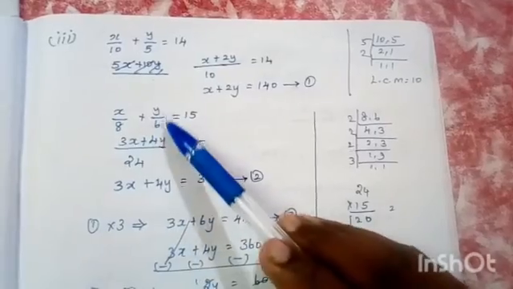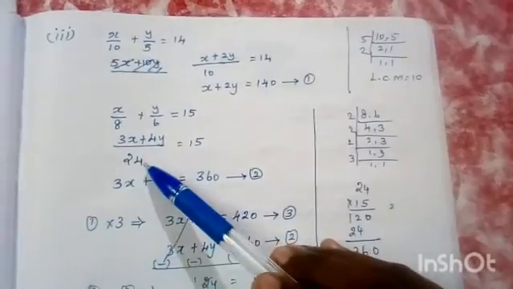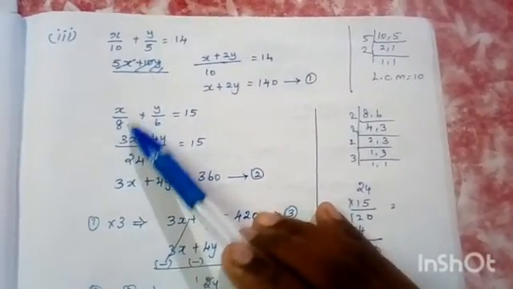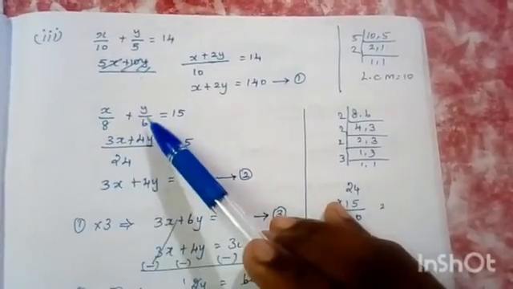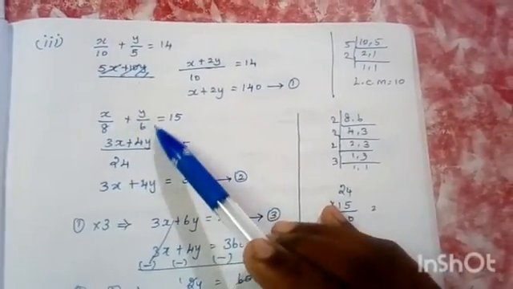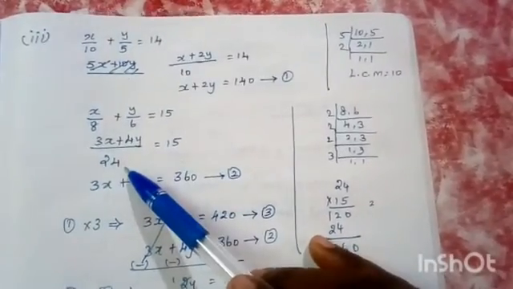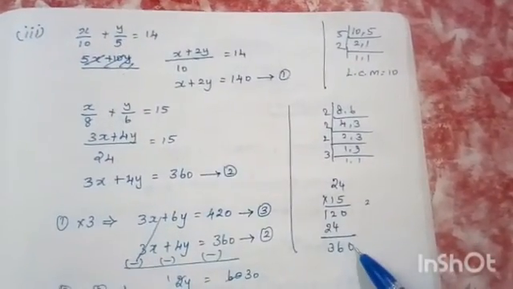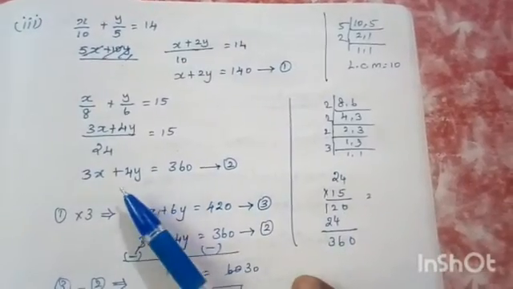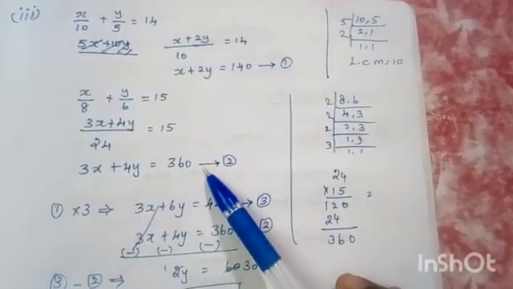Then x by 8 plus y by 6 equal to 15. So LCM is 24. So for x, 3 by 3, so that is 3x. For here 4 by 4, 4y by 24 equal to 15. Now you have to multiply, 24 into 15, that is 360. So second equation, 3x plus 4y equal to 360.